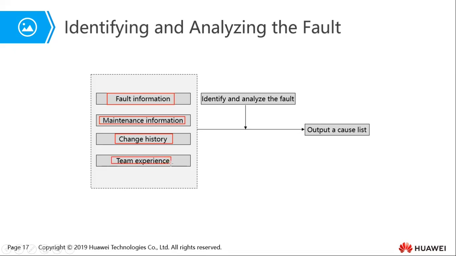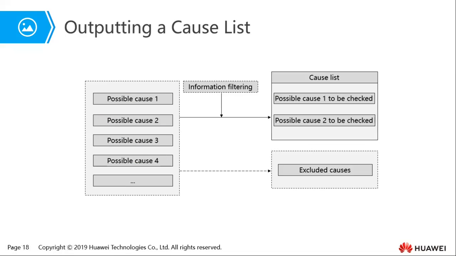You also need to learn about the team's experiences with similar faults. By doing that, you're able to identify and analyze the fault, and the result is a cause list: all the possible causes for the problem being experienced at the moment.